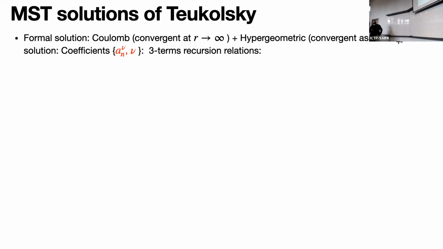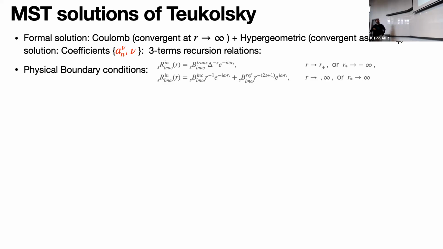The MST method basically assumes that you can expand the solution for the radial equation in terms of some Coulomb functions that converge at infinity and some hypergeometric functions that converge at 0. And then you can join the two solutions. By joining the two solutions, you will encounter some coefficients that satisfy a three-term recursion relation, which you have to solve order by order in perturbation. Once you solve for them, you can then solve for this parameter nu, which is some renormalized angular momentum.